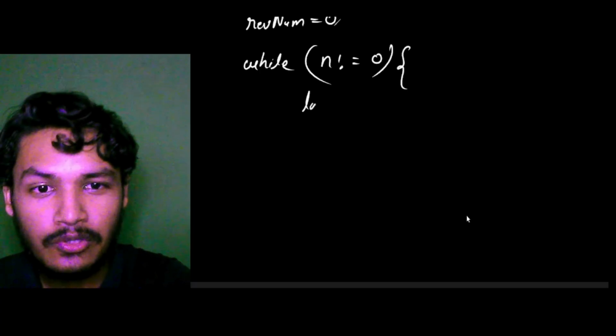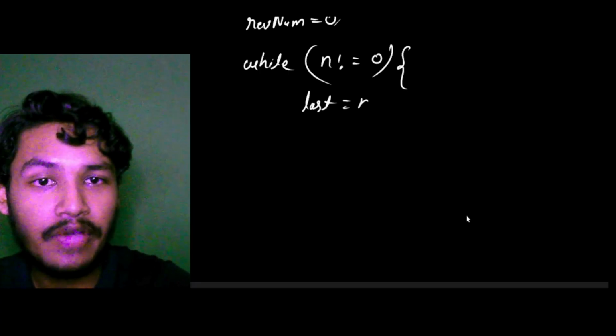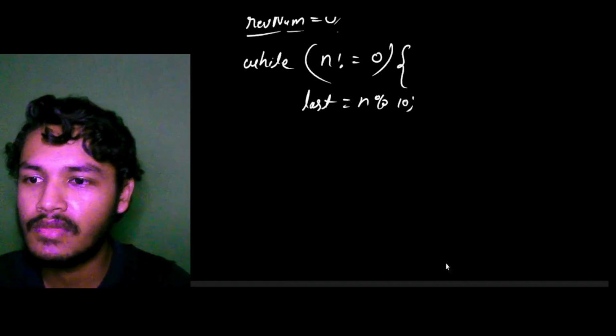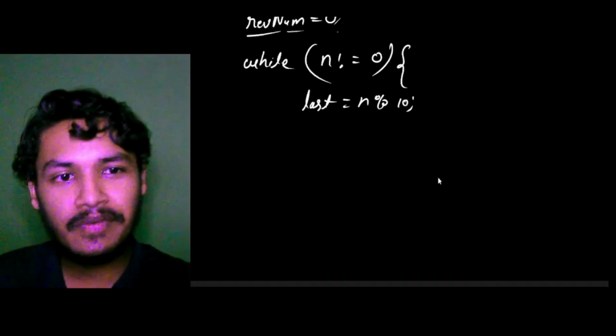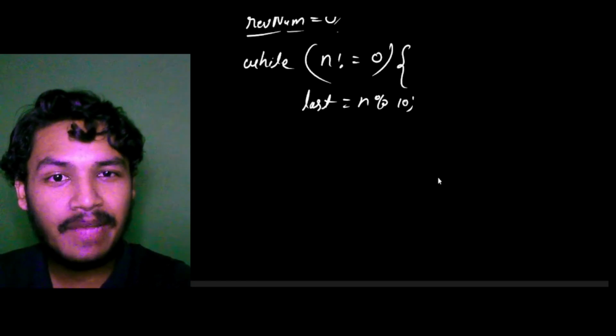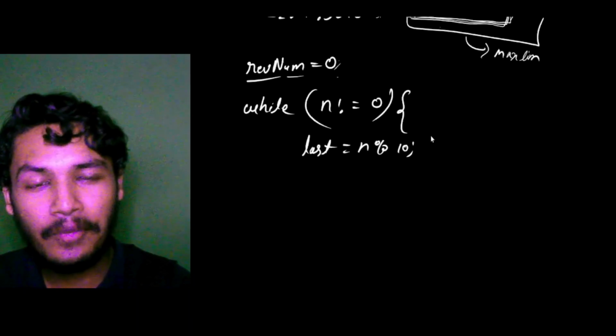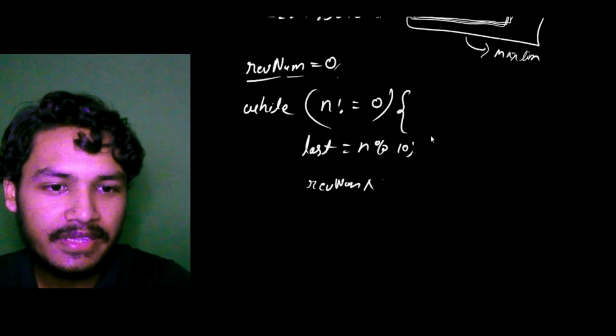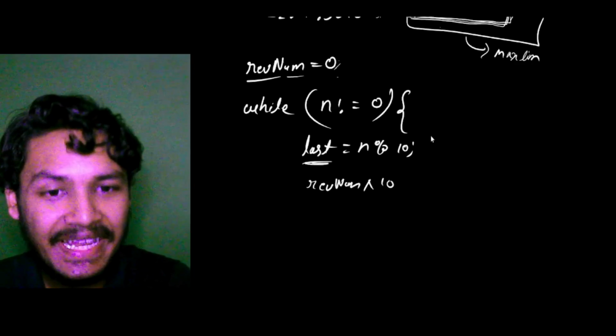So last equals n modulus 10 gives the last digit. After completion of this step, we were multiplying our reverse number with 10 and then adding this last digit.